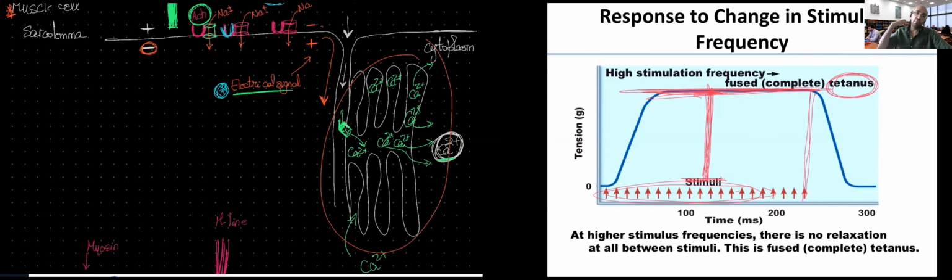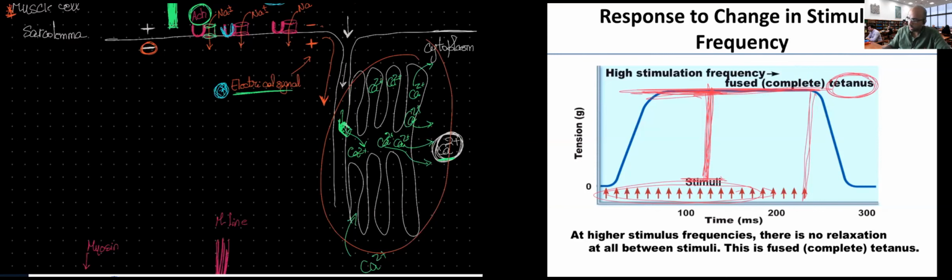Remember, like your back muscles. While you're sitting down or standing up, your back muscles are performing tetanic contraction, continuous contraction. What is the concept here? The brain is sending a very, very high frequency of stimulation, keeping the muscle in a contracted state, continuous contraction, not allowing any relaxation to take place.